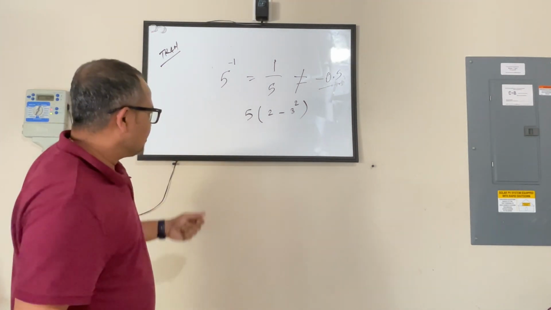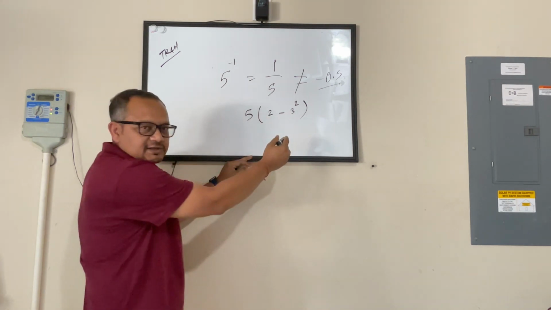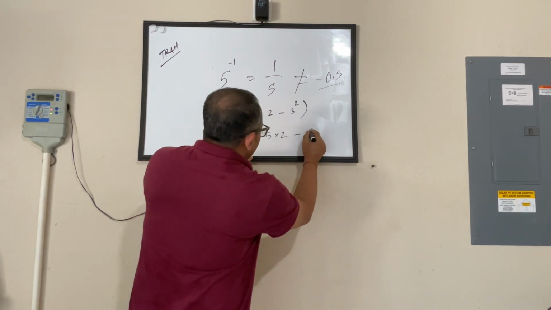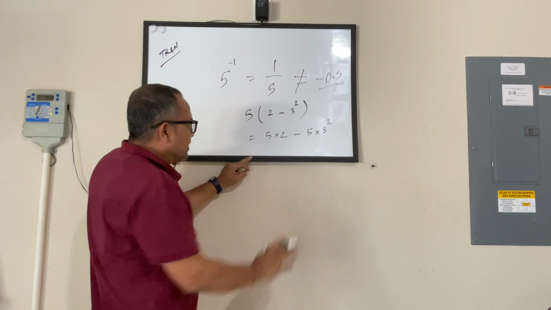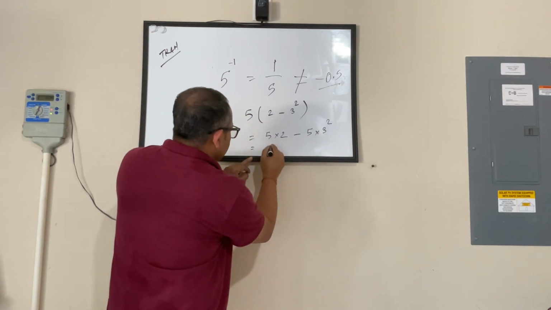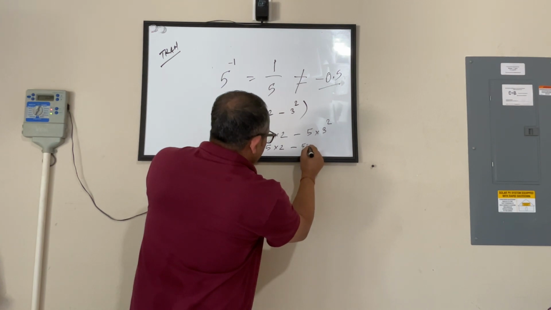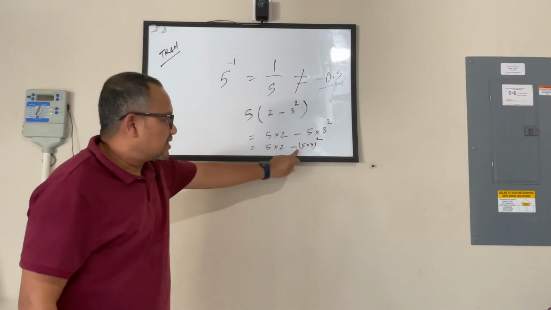If I have to multiply this, I will say 5 into 2 minus 5 into 3 to the power 2. If I take the other approach, these two are not the same actually.